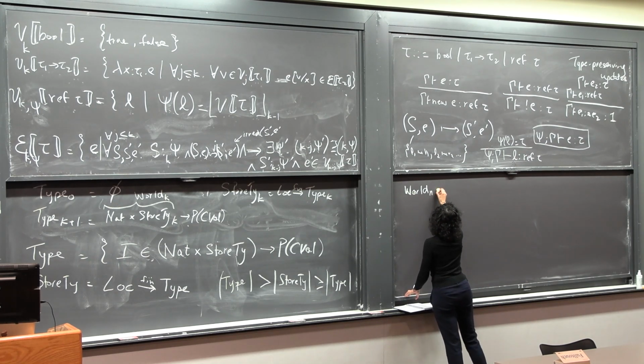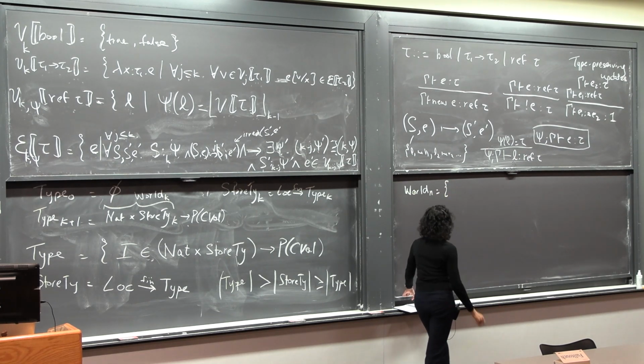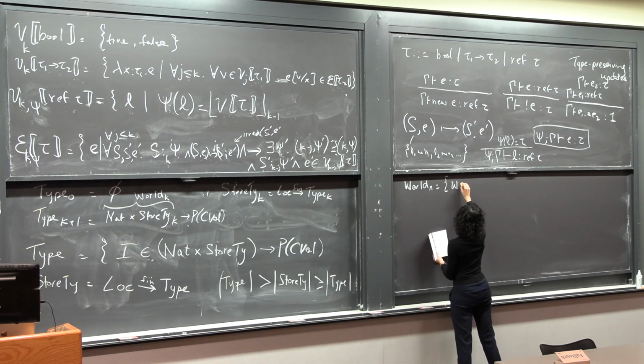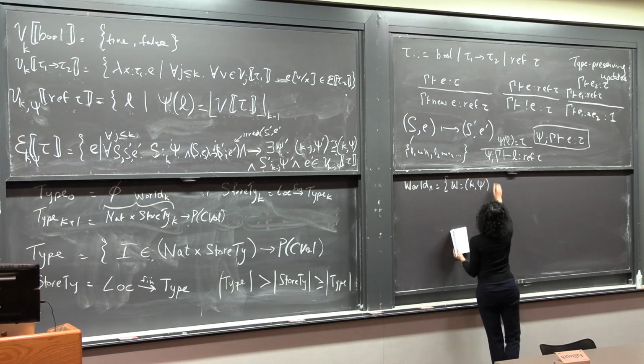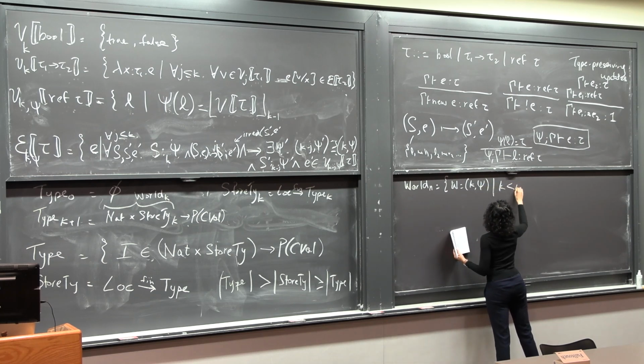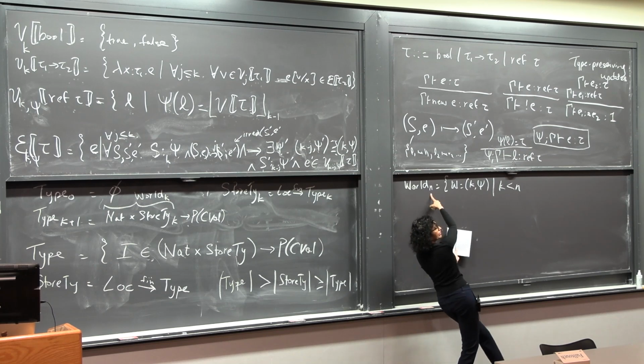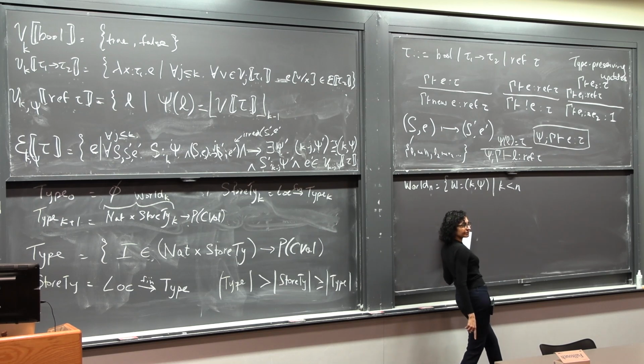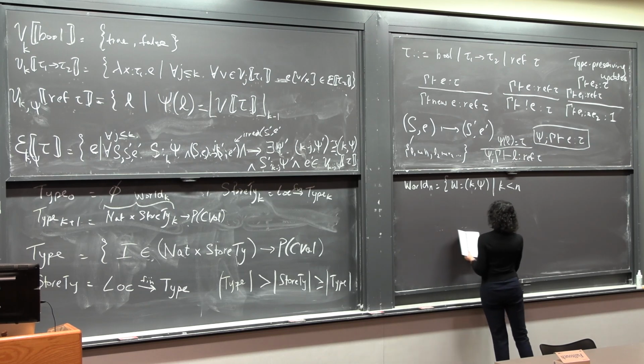All right, so I'm going to start defining a world at level n as the w's that are pairs of these k and psi, such that k is strictly less than this n. So when I define a world at level n, the step indices that sit inside that world must be strictly less than n. Now I'm trying to take these tuples and really stratify them properly.